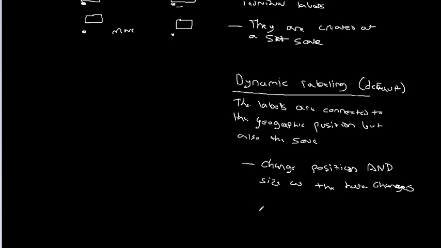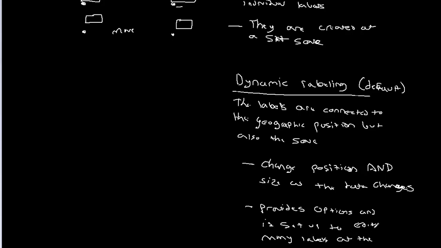Another key thing with dynamic labeling is that it provides a lot of options or parameters to quickly edit many labels all at the same time.